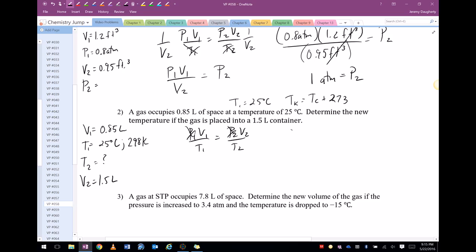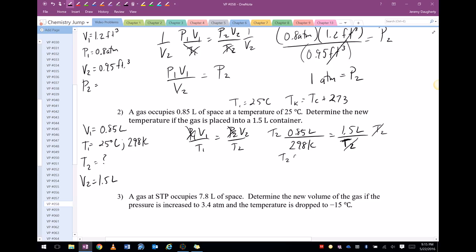We've got 0.85 liters over T1, which is 298 Kelvin, equal to V2, 1.5 liters, over T2, which is what I'm looking for. A lot of times students will divide both sides by 1.5, and that's the wrong way to do it. You may be thinking, why don't I just cross multiply and divide? Fine, you can do that. But what I'm going to do here is multiply both sides by T2, so that gets T2 out of the bottom.